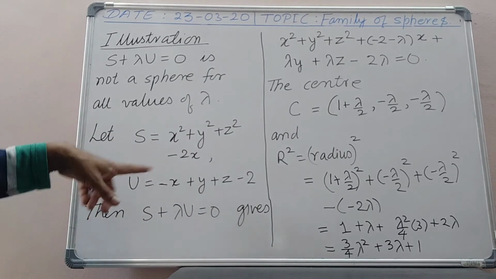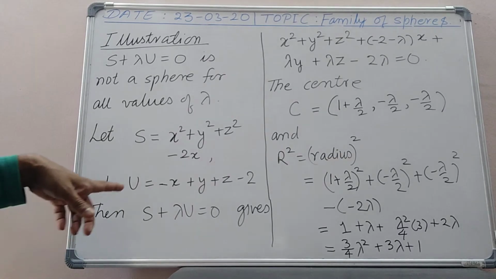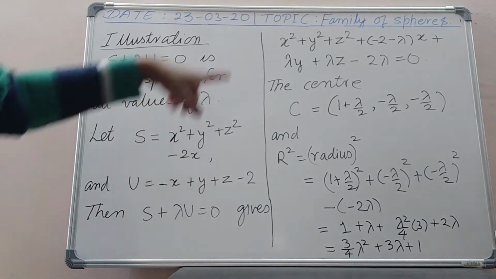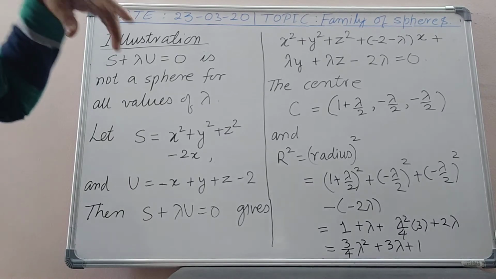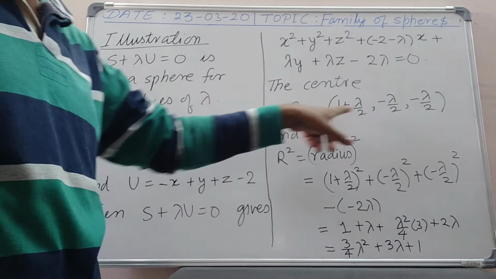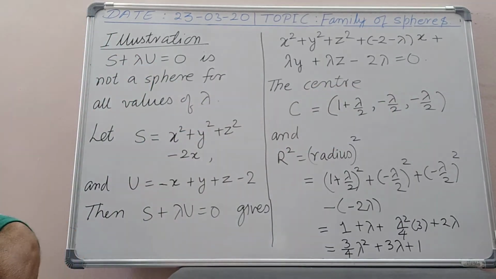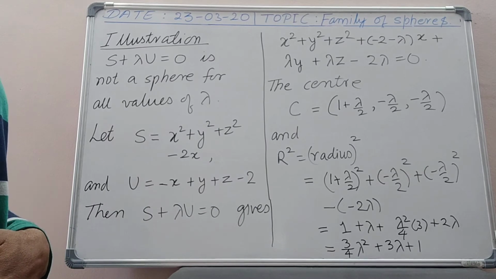I look at the plane u equal to 0, and S plus lambda u equal to 0 will be this equation. So for suitable values of lambda, this equation will represent a sphere, and the sphere will have this as the center, (1 plus lambda)/2, comma minus lambda/2, comma minus lambda/2.